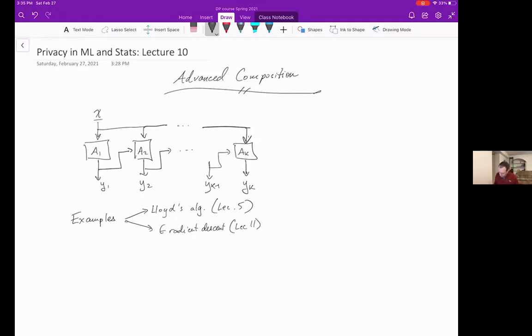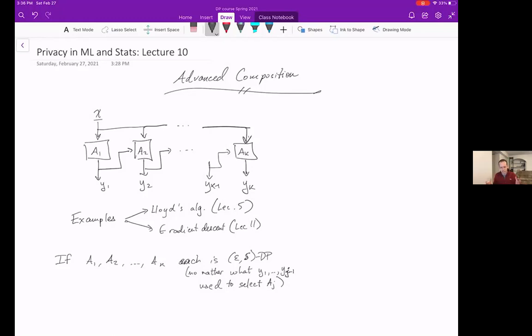So the question is, if we know that A1, A2, up to Ak are each epsilon-delta differentially private, no matter what particular sequence of outputs we saw, so that Y1 through Yj minus 1 are used to select A sub j, then no matter what that previous sequence of outputs was, the jth algorithm is always going to be differentially private.